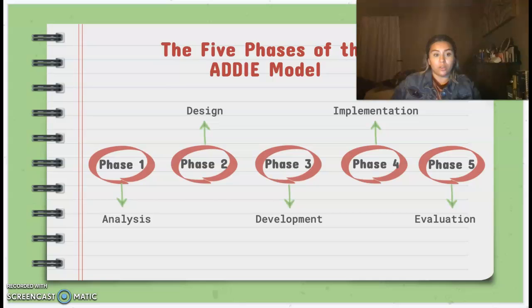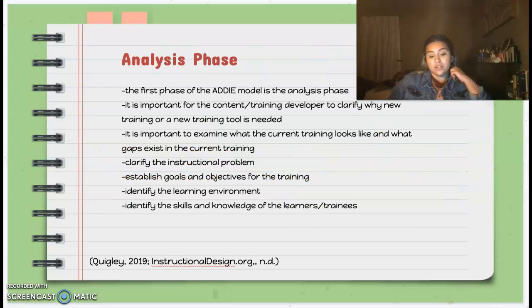So the first phase of the ADDIE model is the analysis phase. Within the analysis phase, it is important for the content or training developer to clarify why a new training or a new training tool is needed. To do this, it's important to examine what the current training looks like and if any gaps exist within the current training.